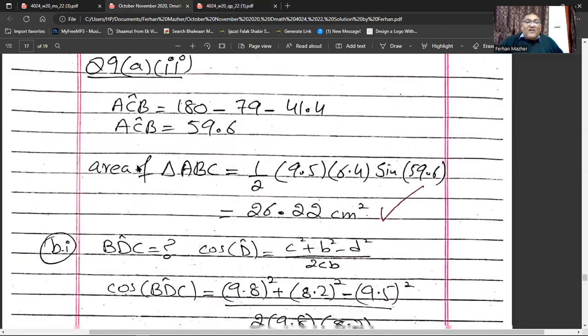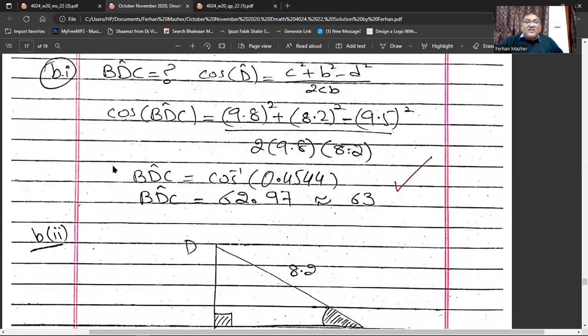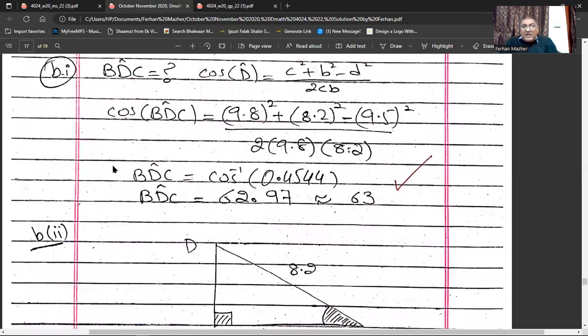So I can use the law of cosine. Cos of the angle D will be equal to C square plus B square minus D square divided by 2CB. So the cos of BDC will be equal to 9.8 square plus 8.2 square minus 9.5 square divided by 2 into 9.8 into 8.2.